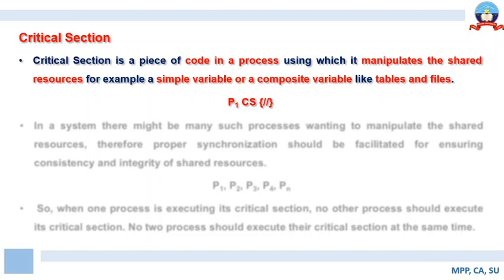Critical section is a piece of code in a business process using which it manipulates shared resources. Shared resources, for an example, may be either a simple variable or a composite variable like tables and files. So here we have a process P1 with its critical section CS.